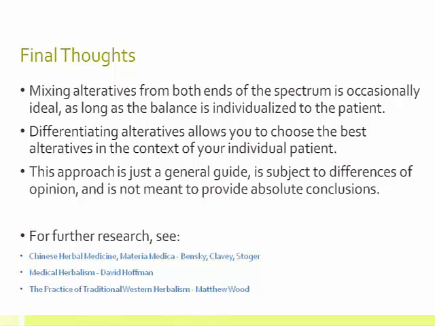I want some adaptogen action, so you add in an adaptogen. Or depending on your case, I want some endocrine modulation, regulation. So alteratives are sometimes, absolutely, the entire formula, but often, like adaptogens, they are paired with other specific herbs for your individual presentation.